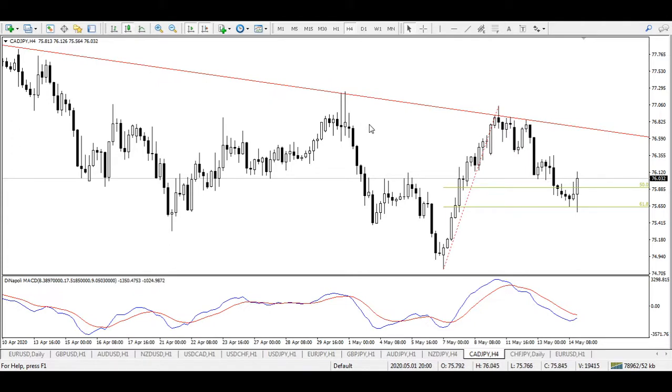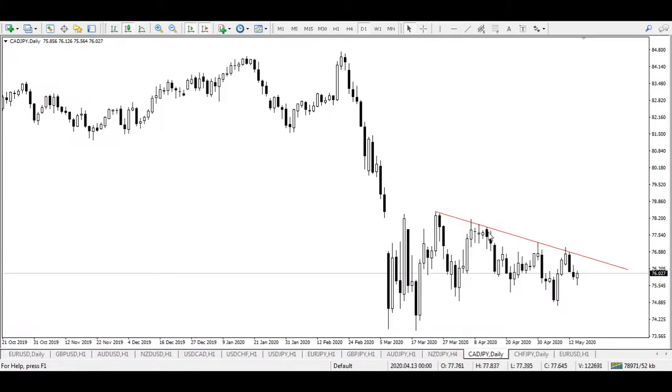I entered at 75.944, and my target is 76.743, which is this falling trend line, the upper bottom of the falling trend line.